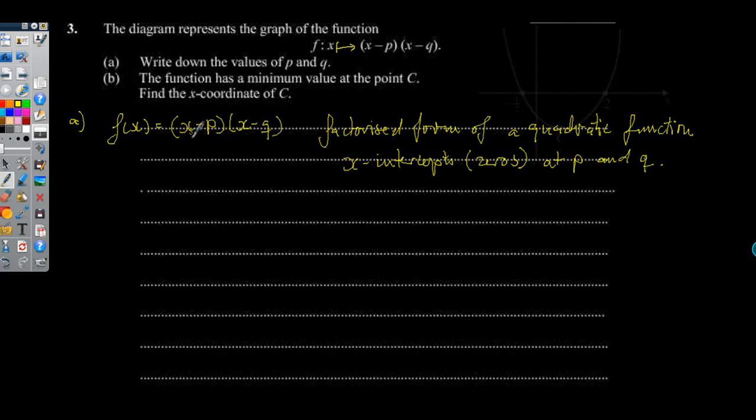Because if x is p, then p minus p, this becomes 0. And if x is q, then q minus q, this becomes 0. Hence we have the x-intercepts here.